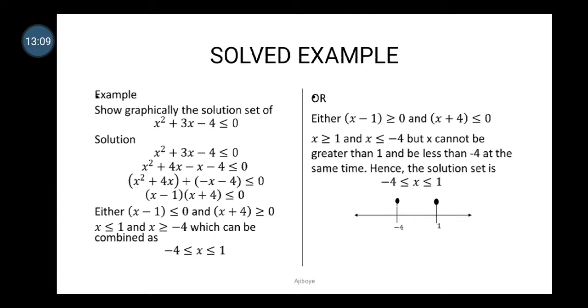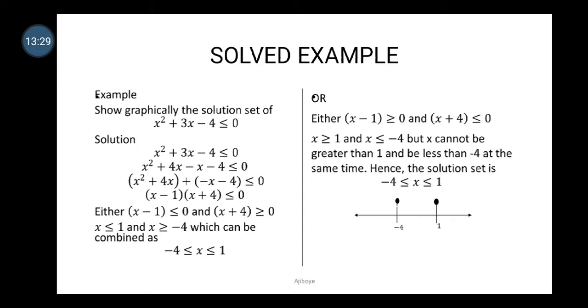But x cannot be greater than 1 and at the same time be less than minus 4. For instance, you cannot say x is 2 and 2 is less than minus 4, because 2 is greater than minus 4.